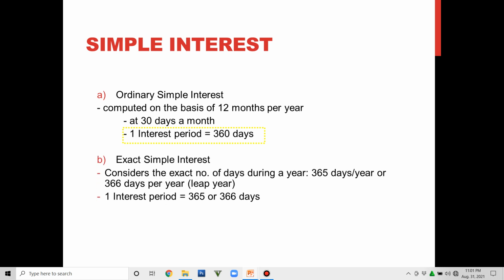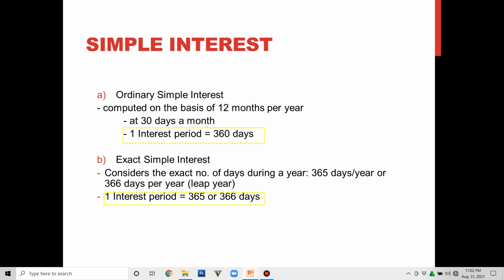Unlike for the exact simple interest, on the problems on exact simple interest, the dates and the year are specified, because under this we need to consider the leap year and the exact count of the dates, and consider that the interest period is either 365 days or 366 days for leap year.